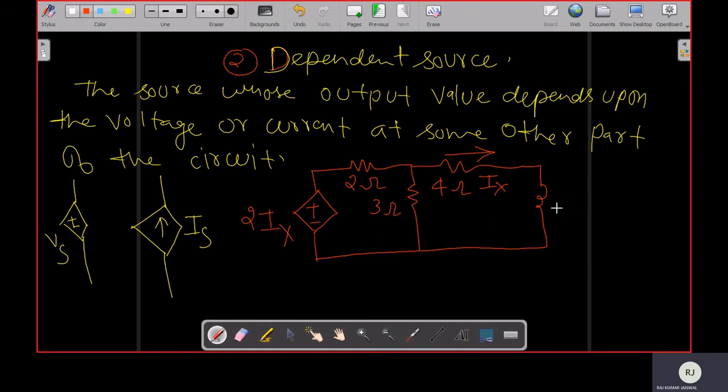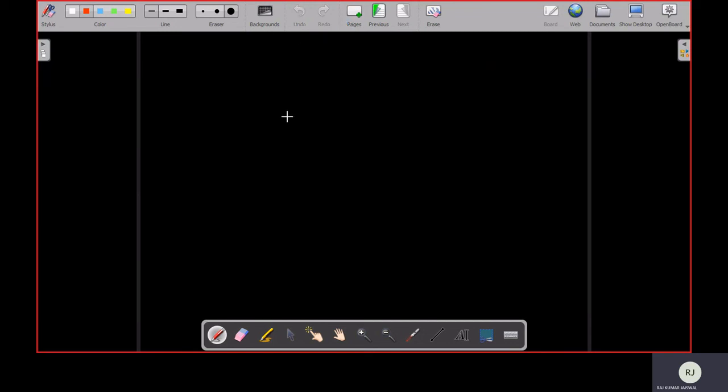Okay, likewise, in place of a voltage source, sometimes you will find a current source also. For example, this is the current source and this is your resistor.